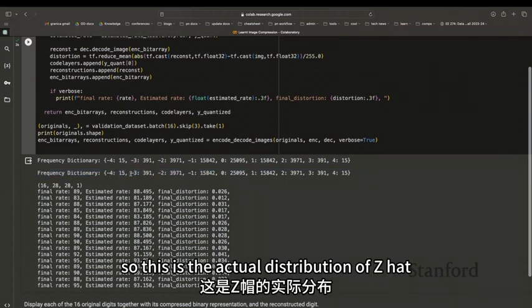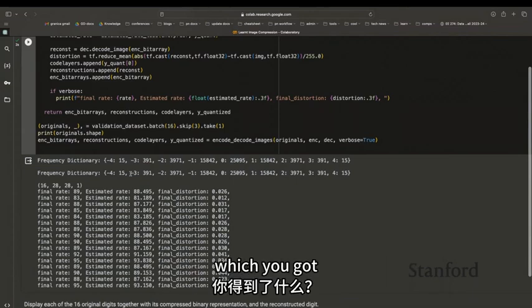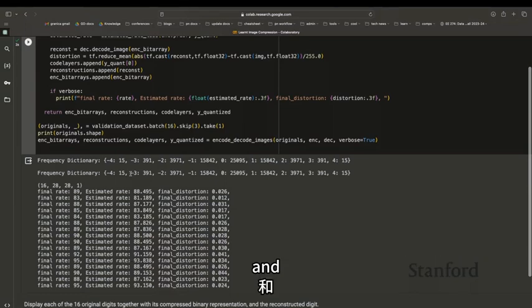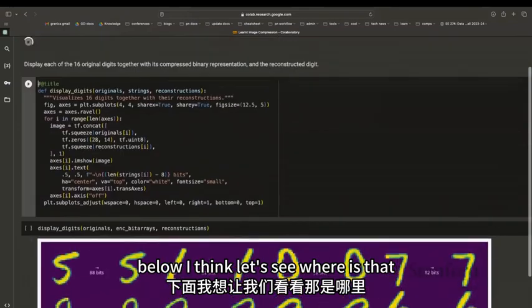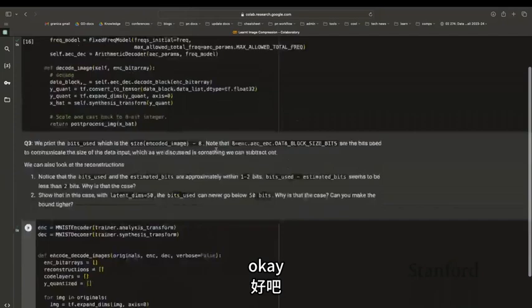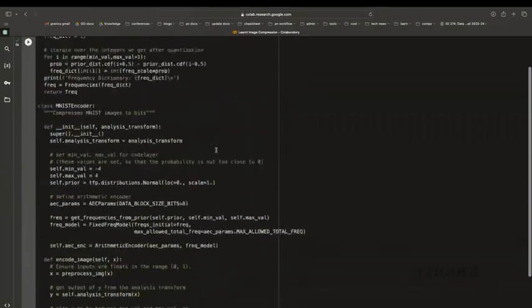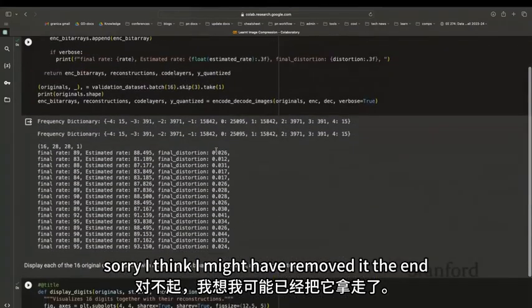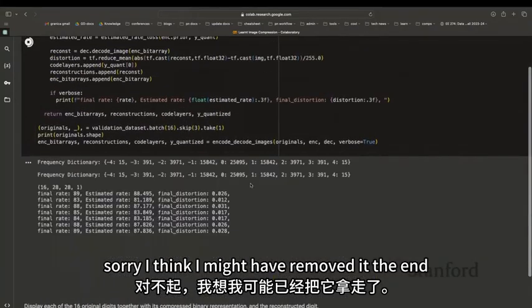So this is the actual distribution of Z hat which you got when you worked with this encoder and decoder, right? And there should be a plot below, I think. Let's see, where is that? Sorry, I think I might have removed it in the end.